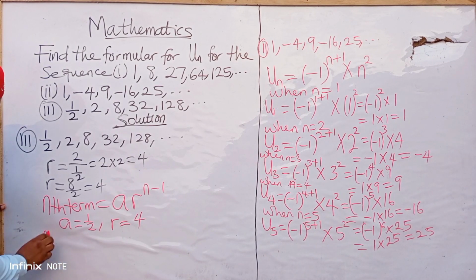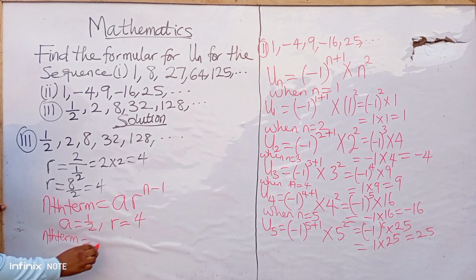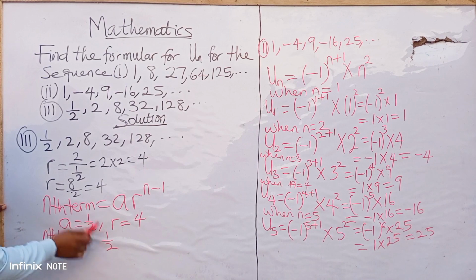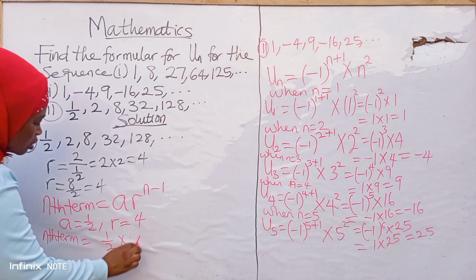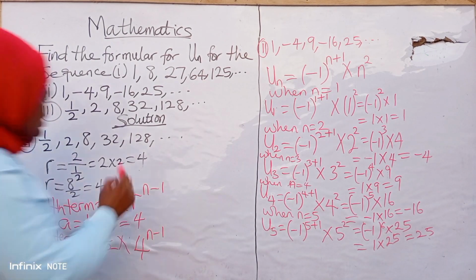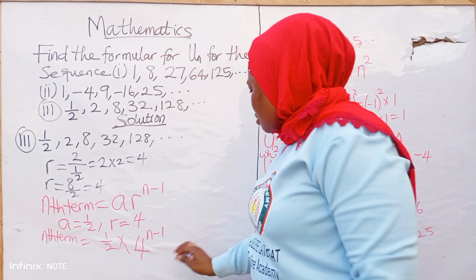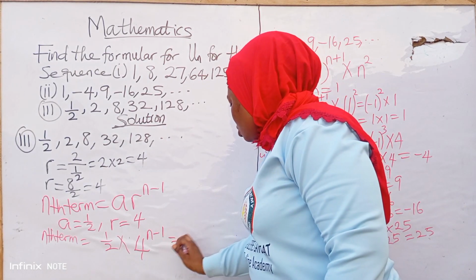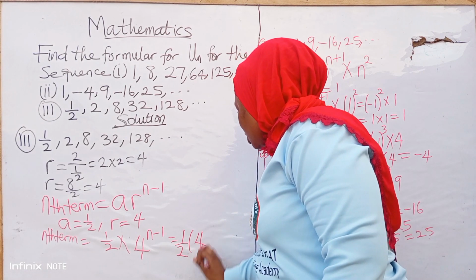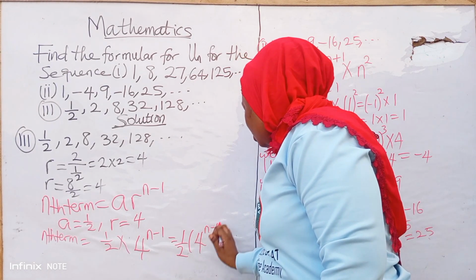The nth term will be equal to 1 over 2, that is, anywhere I see a, I'm going to put 1 over 2, multiplied by r, which is 4, raised to power n minus 1. So here, I can say that this is 1 over 2 into bracket 4 to the power n minus 1.